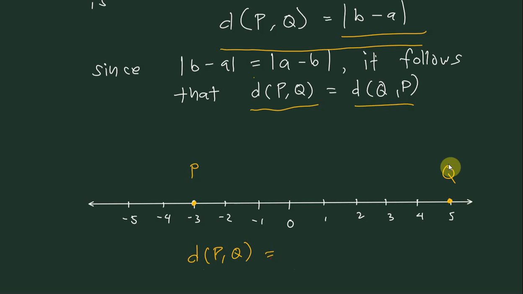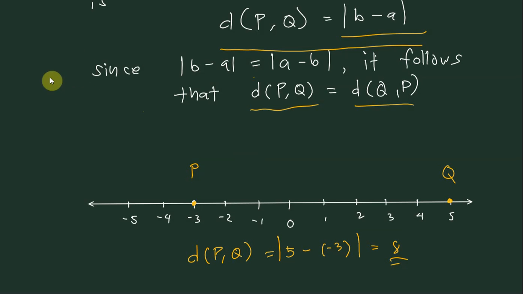It's 5, because B is the coordinate of Q. So the absolute value of 5 minus negative 3 is equal to 8, right? So that is the distance from P to Q.